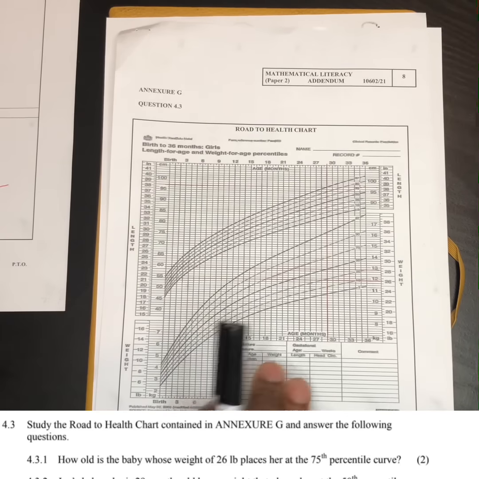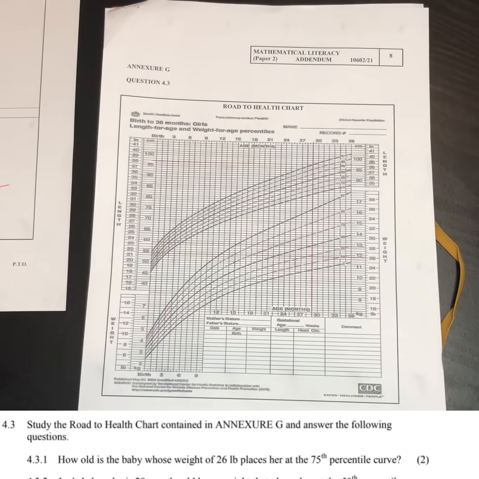So this is the information that we are given. We are given two things. They are looking for what? They are looking for how old. They are looking for age.